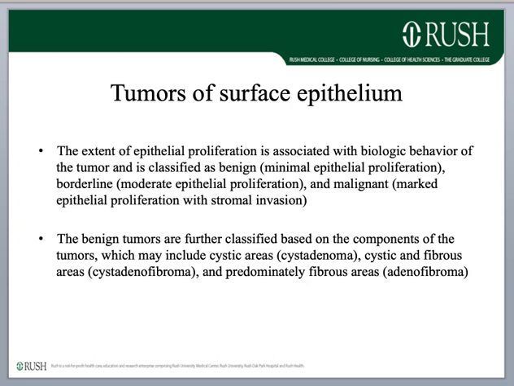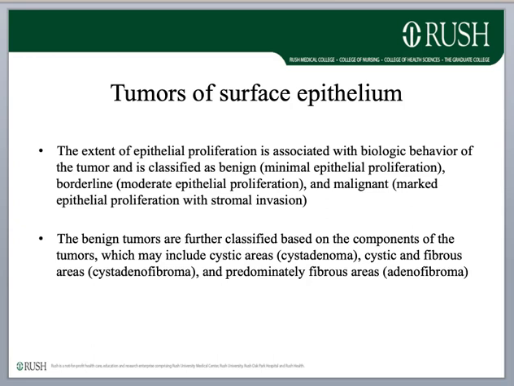The critical morphologic hallmark for assigning a biological behavior to a tumor in this class of tumors of surface epithelium is based on the extent of epithelial proliferation. And this is what determines whether a tumor is predicted to behave in a benign manner when there's minimal epithelial proliferation, or a malignant manner when there's marked epithelial proliferation and evidence of stromal invasion.